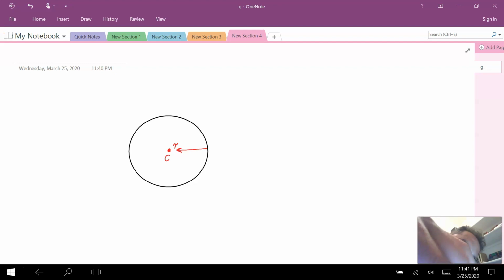On the circle is the tangent axis, and where is Z?